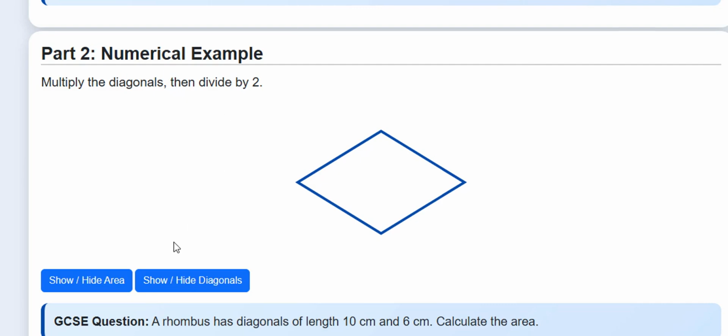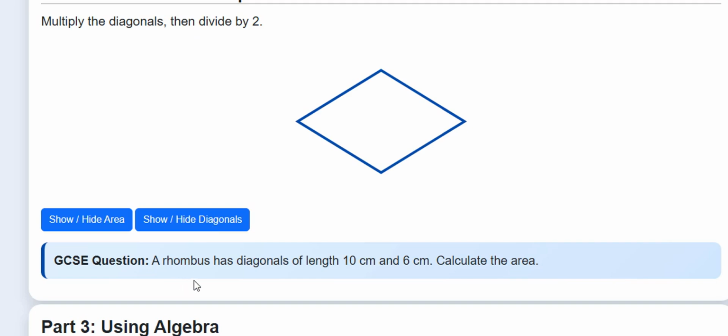In this example 2, you are told a rhombus has diagonals of length 10 cm and 6 cm. Then calculate the area. Of course, we said the area is the region enclosed by the rhombus. And then d1 and d2 are the diagonals of that rhombus. So in this case, this is d1, this is d2, and their lengths are 10 cm and 6 cm.